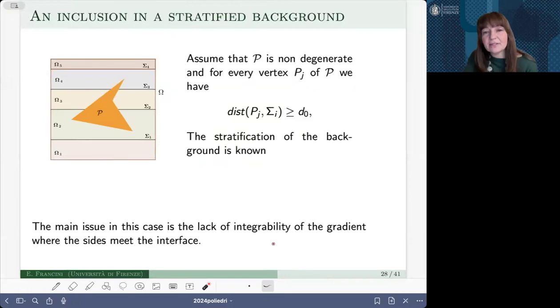And also this result can be extended to the case in which this polygon is contained in a stratified medium. So if the background is stratified and the different strips are known, still you can see that a polygon that goes through this interface can be stably reconstructed.